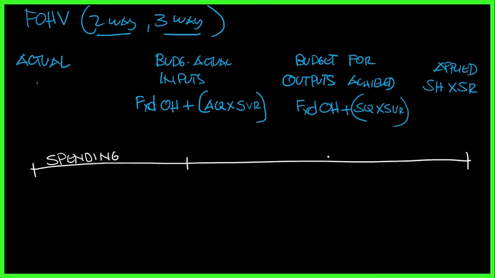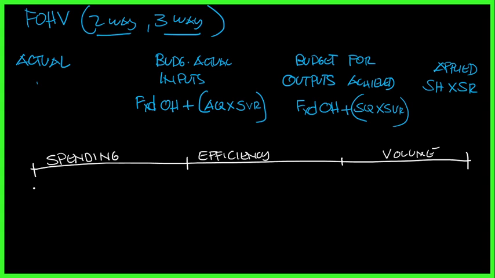The difference of these two is now your efficiency variance, and this one is now your volume variance. So that's your three-way analysis.